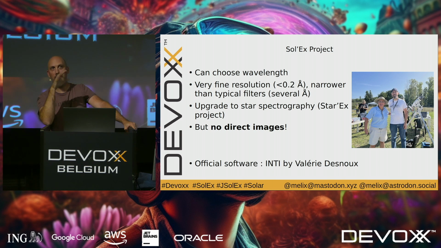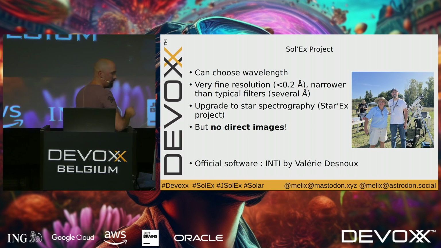It would be something like 1 angstrom, not more, right? And because of industrial processes, and that's the reason why there's so much difference between the price of the different filters, they cannot guarantee the width of the filter, that it's going to be narrow enough, right? So with this device, you can actually have something which is very narrow, so you can really see that particular wavelength and nothing else.